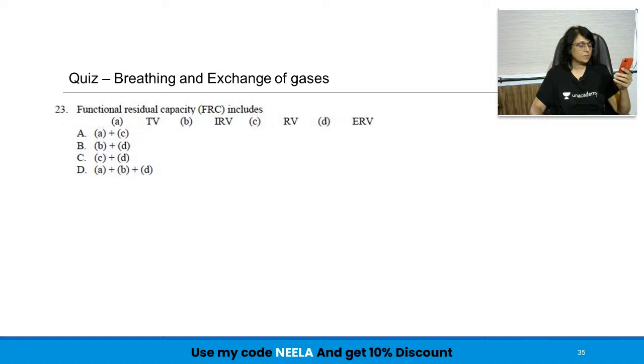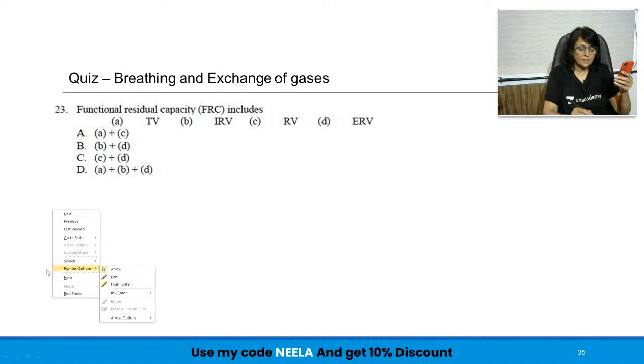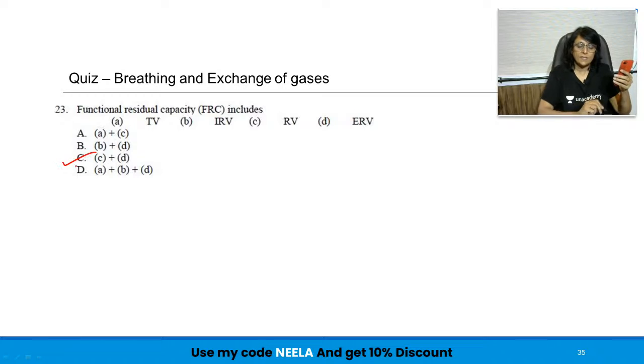Kavipriya also thinks C. Reena, Daydreamer, Suchitra, they all think it is C. Shubhiksha also thinks it is C. And the correct answer is C.